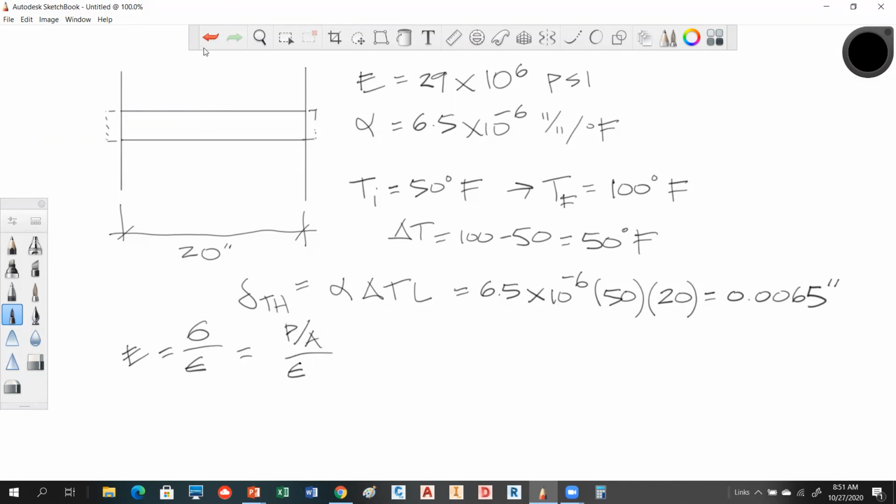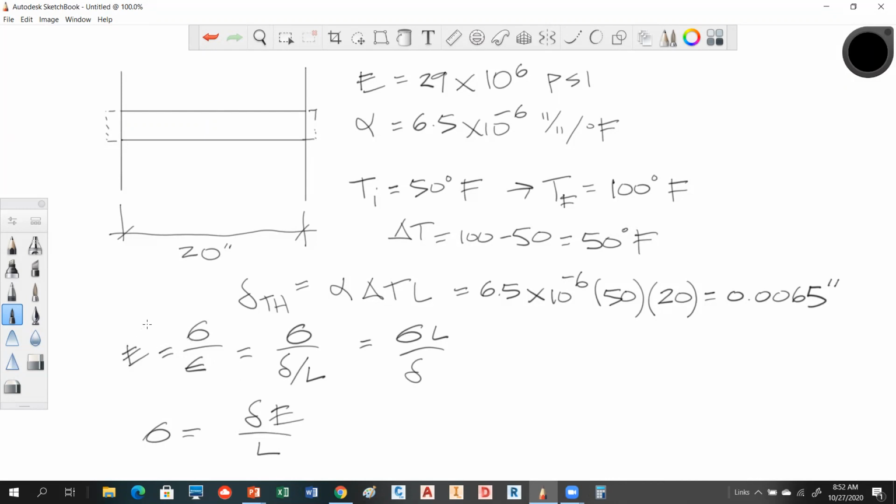We just want to solve stress, so let's solve for stress. Strain can be defined as deflection over L, correct? So if we solve for the stress here, the stress would be deflection times E divided by L.